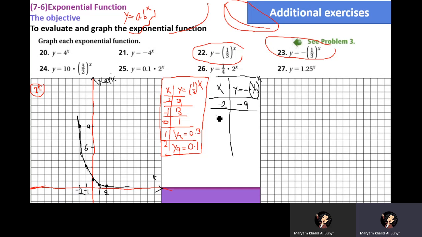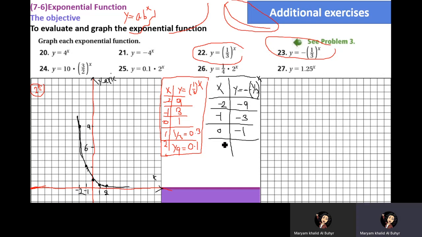For -1, I will have -3. For 0, I will have -1. Because this negative is outside, the power does not affect the negative outside.